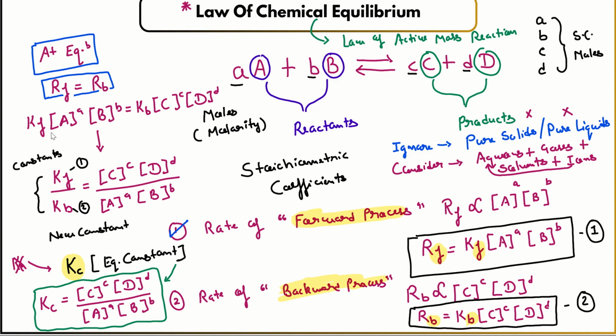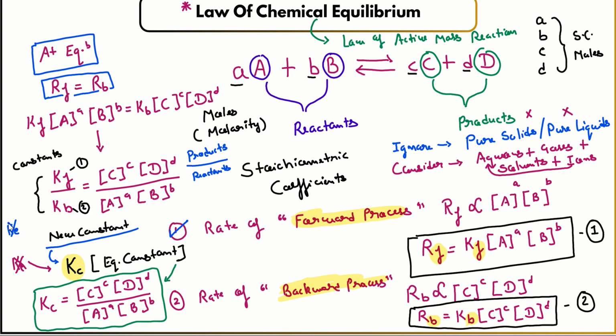If we divide Kf upon Kb, here C and D were the products, so we are basically dividing the concentration of products by the concentration of reactants. Since these were two constants of different types, dividing Kf by Kb gives a new constant, and this new constant was Kc. I told you to always write Kc, not Ke.